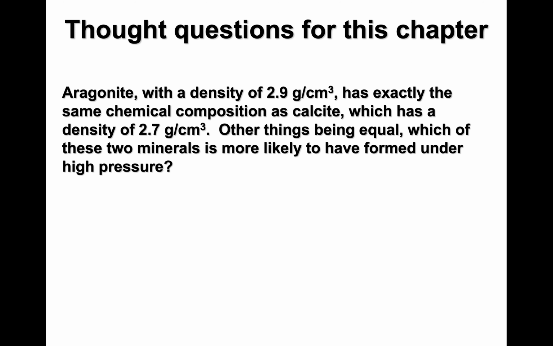Other things being equal, which of these two minerals is more likely to have formed under high pressure conditions? You can just think about it, write down your formula for how you calculate the density, and then you will find the answer.